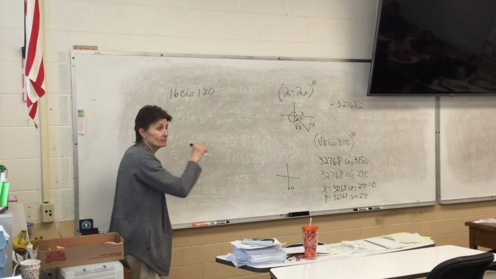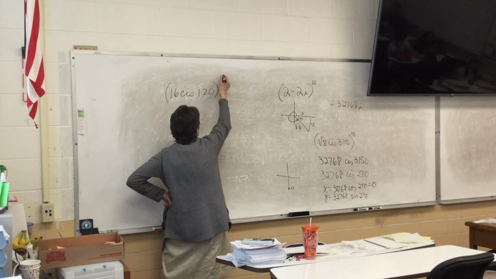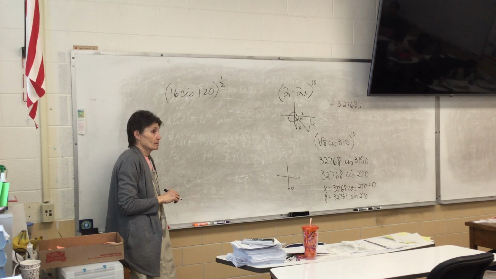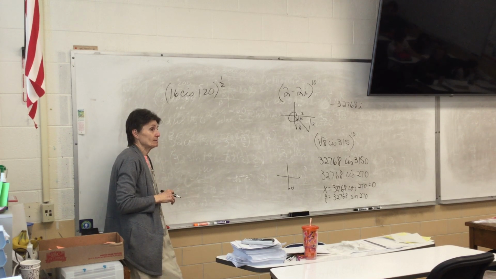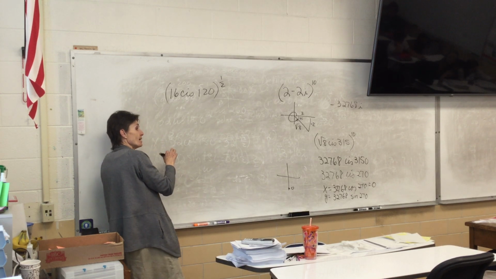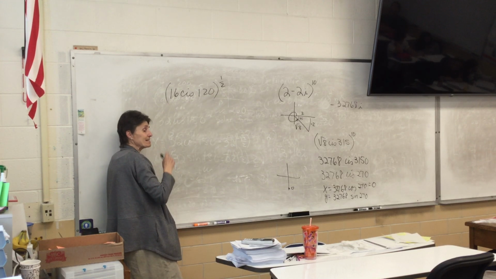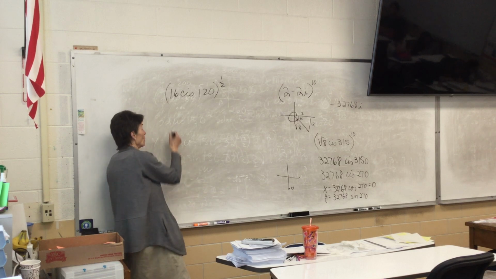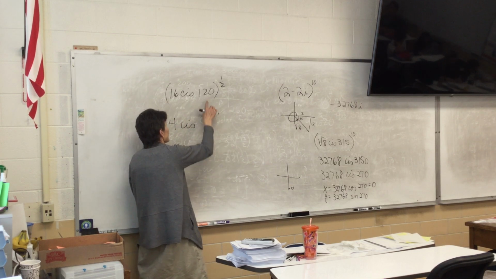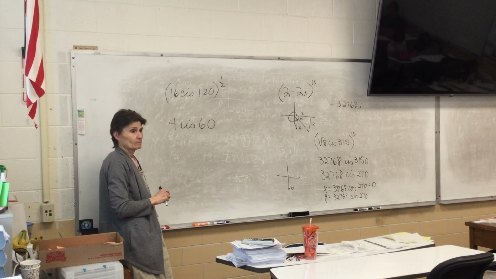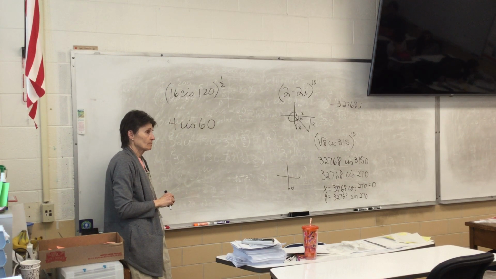Exponent 1/2. So aren't I just raising this thing to the 1/2 power? Shoot, de Moivre will do that. De Moivre's theorem says, take the radius to the power. What's 16 to the 1/2? 4. And take the angle times the power. We love de Moivre. It makes life so easy.